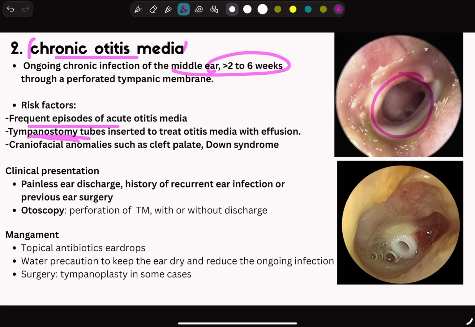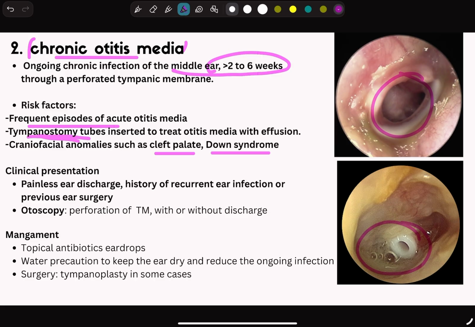A patient who has tubes inserted to treat an effusion in the middle ear might get chronic otitis media, so they will have ongoing ear discharge from the tube. Also patients who have cleft palate, Down syndrome, or previous ear surgery.